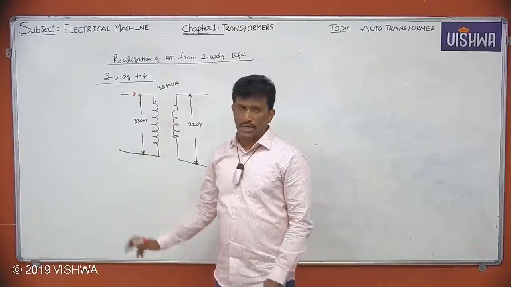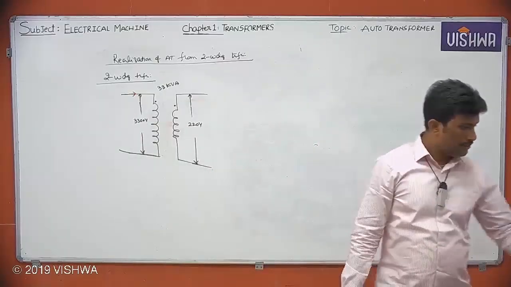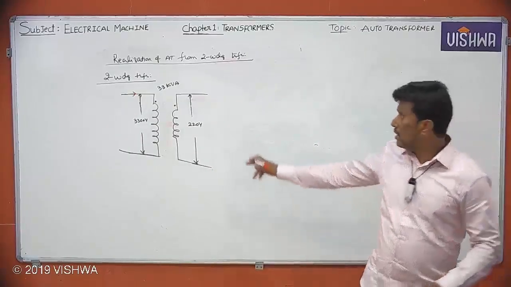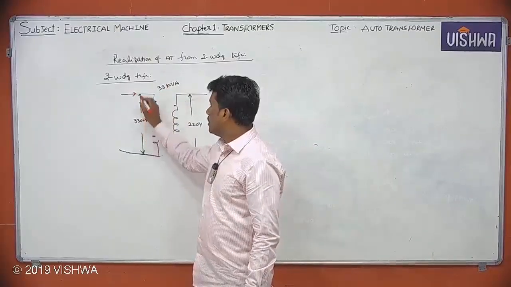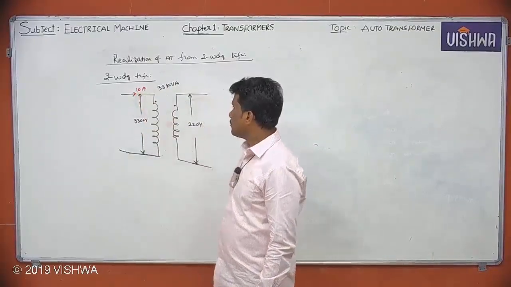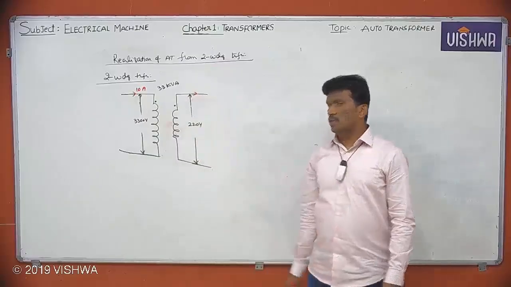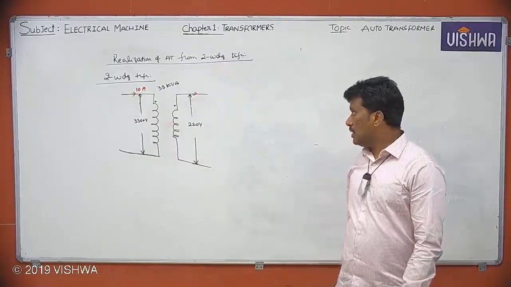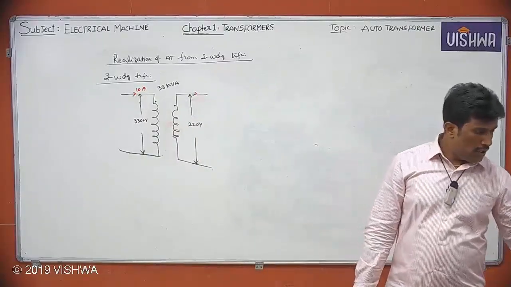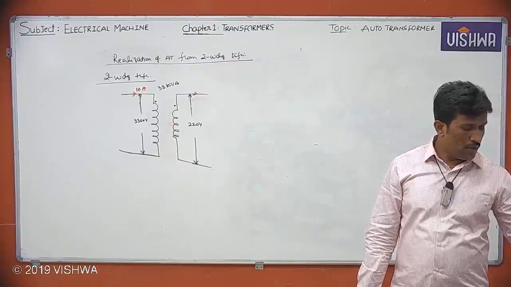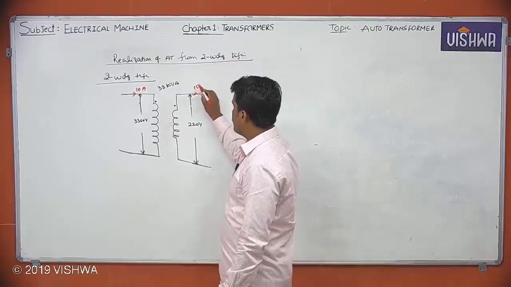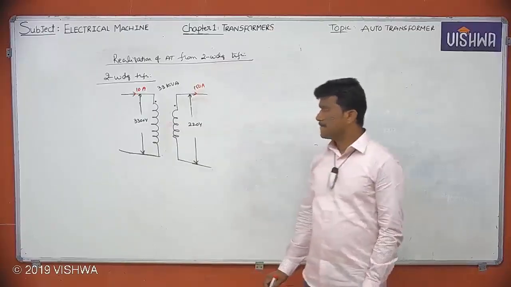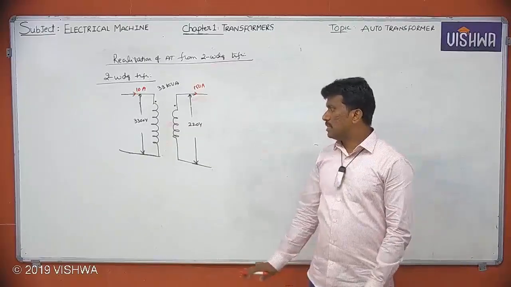You'll get 10 amperes. And what is the current flowing through the 220 volts winding? 33 into 10 cube by 220 gives you 150 amperes. So this information is necessary for us.